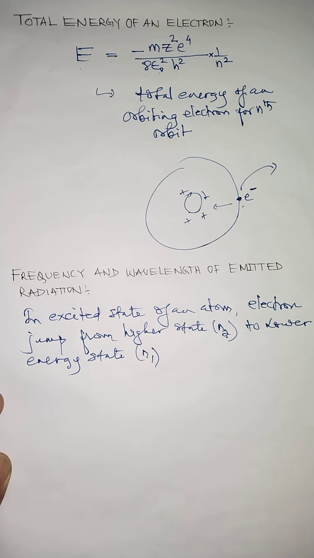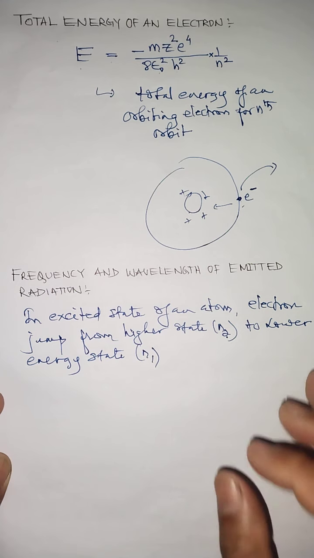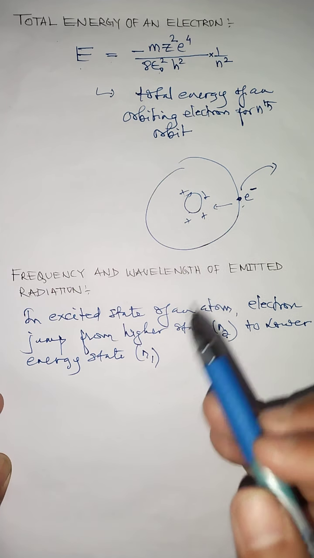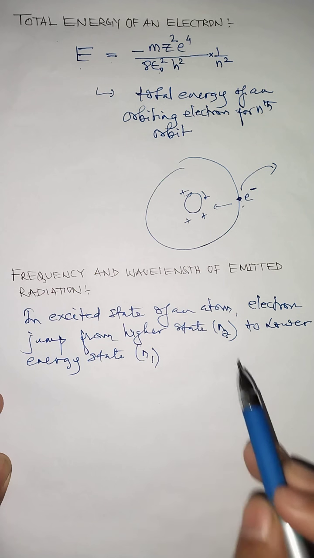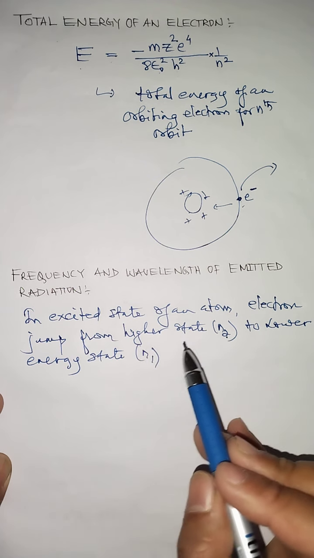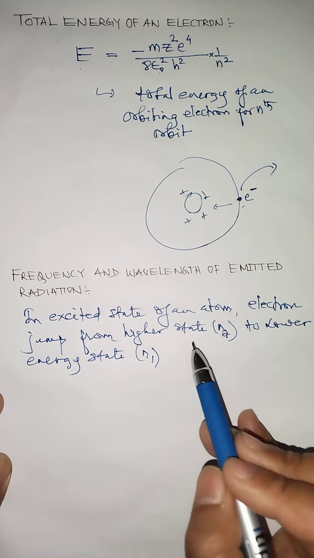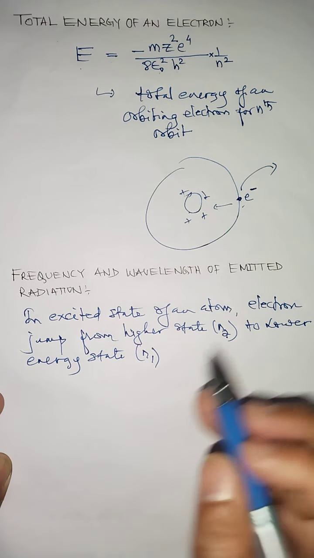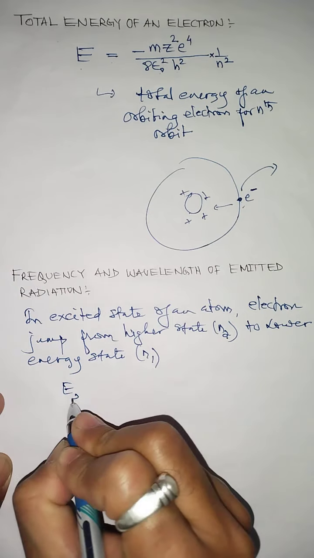Every radiation which is emitted has a definite frequency. But in order to calculate the frequency, children, we must have the energy difference. There must be an energy difference between those two orbits. So I have considered the energy in the higher energy orbit or state, that is N2, and that energy can be calculated as E2.